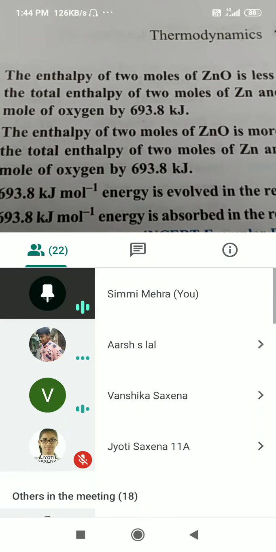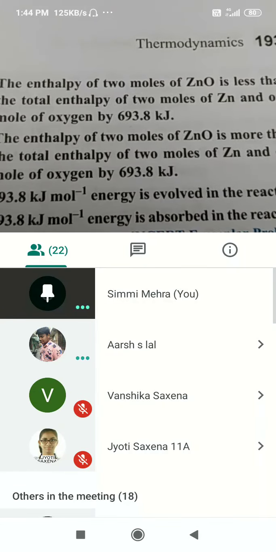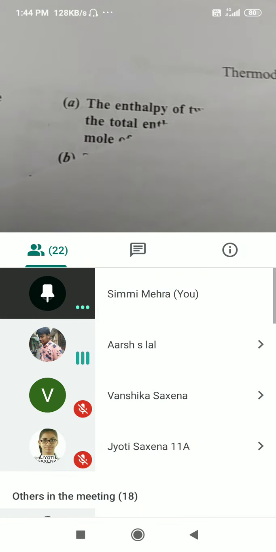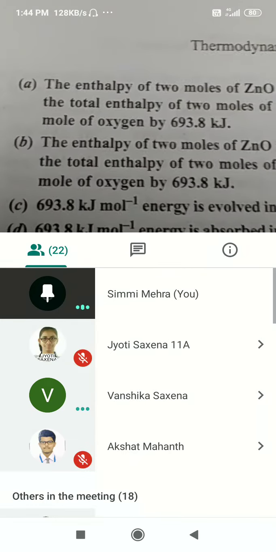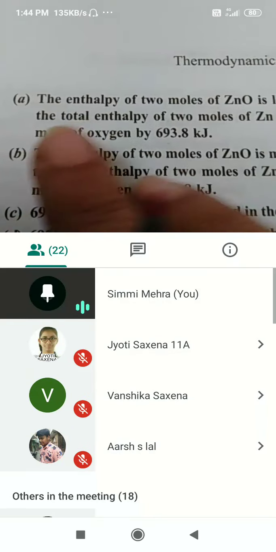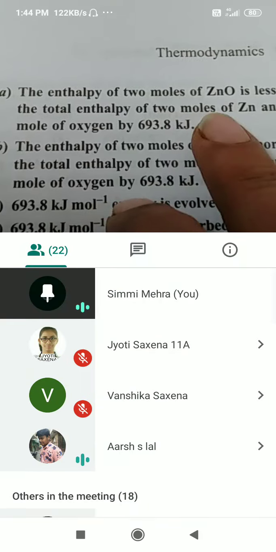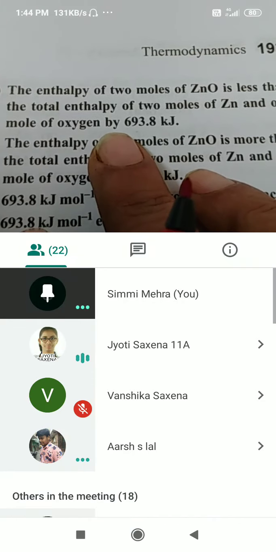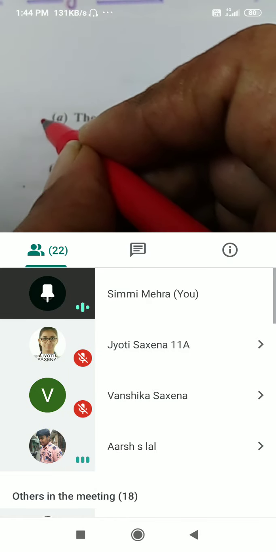And if delta H has to be negative, which one should be greater, reactant or product? Reactant should be greater. So here it is written enthalpy of 2 moles of zinc oxide is less than the total enthalpy of 2 moles of zinc and 1 mole of oxygen. Correct. This is correct.